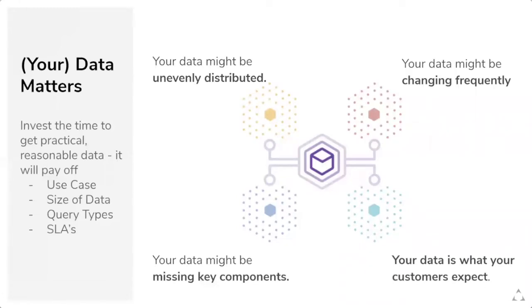Your data might change frequently. We've had instances where reporting scenarios work just fine, but now all of a sudden, if I realize I've got sub-second updates to my database, then my reports may not come back as quickly as I want, or consequently, I don't get the SLAs that I'm expecting.